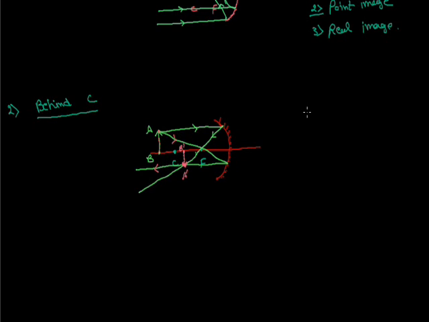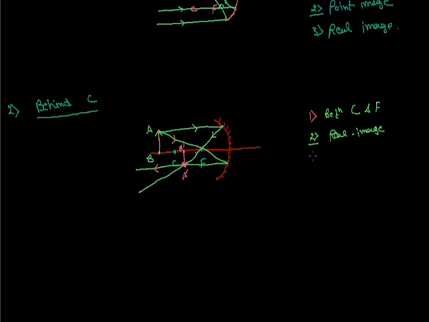Now what are the characteristics? The first characteristic: we have to tell where the image is formed. The image is formed between C and F, that is, between the center of curvature and focus. Second, what type of image? This is a real image.